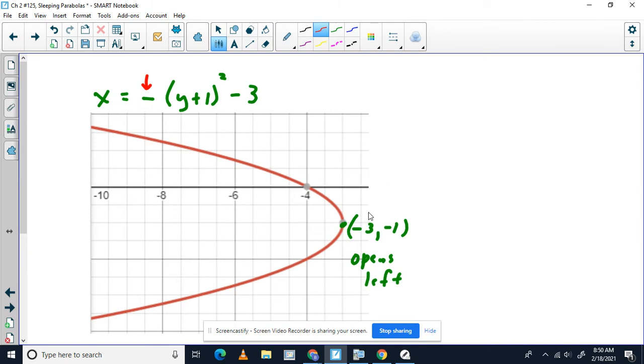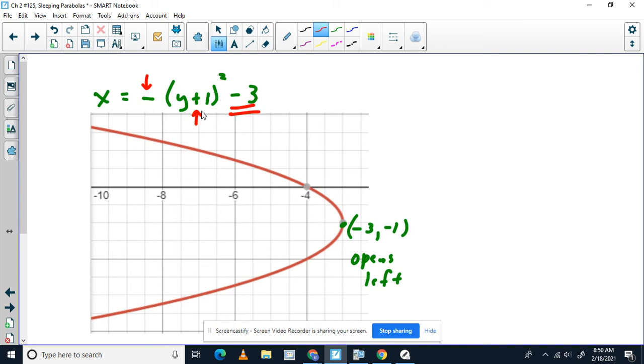Then I have an x value that's negative 3. And notice that matches what we had here on the outside. I had a y value of negative 1, which really comes from this part. Well, notice inside parentheses it said plus 1, and that became a y value of negative 1.